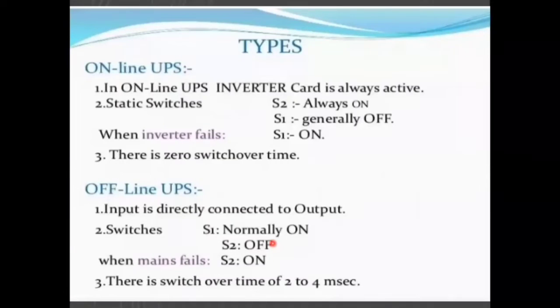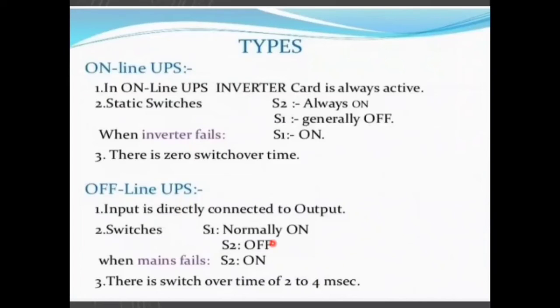Then the third part is that there is a switch over time of 2 to 4 milliseconds. This is the overall offline UPS. Also in offline UPS, the upper bypass switch is normally on, and the lower one is normally off. Already we have discussed.